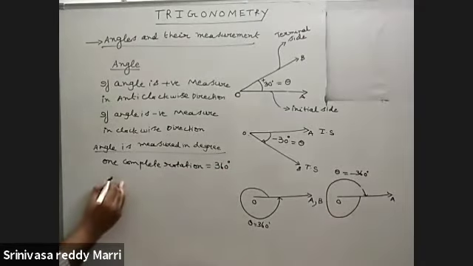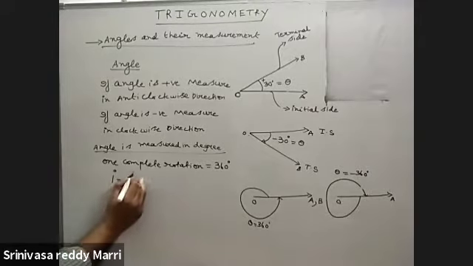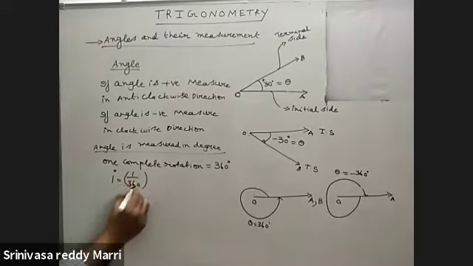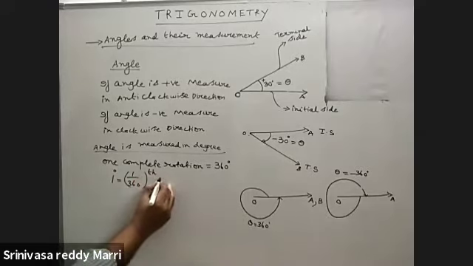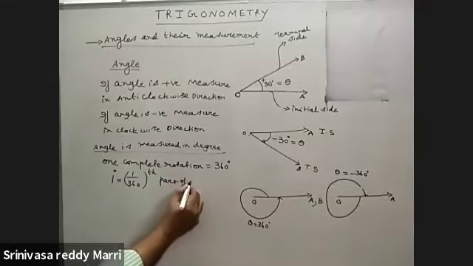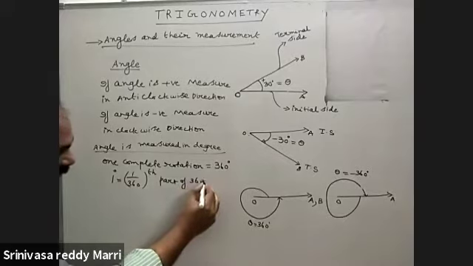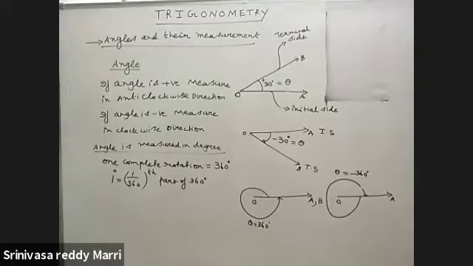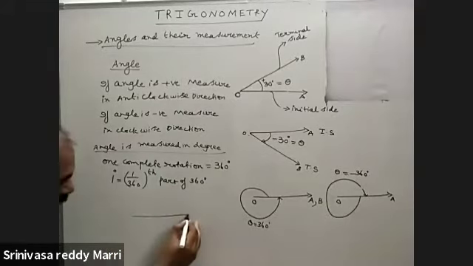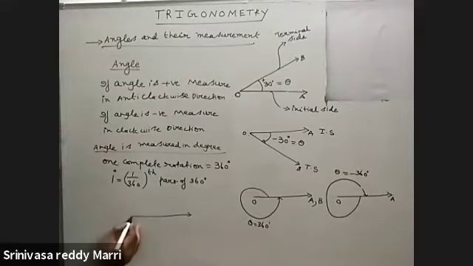Now look at 1 degree, we will say like this. 1 degree is nothing but 1 by 360th part of 360 degree, 1 by 360th part of one complete rotation. That means 1 degree is just a small angle.